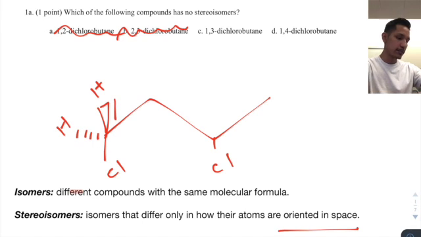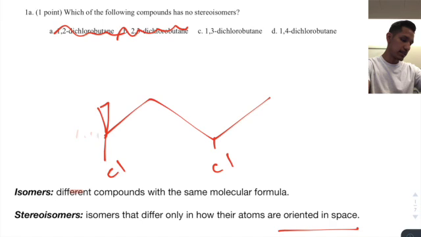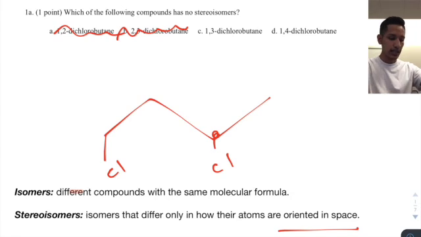If we were to flip those two, you'd still have just two hydrogens, one going away, one going out, so that would not be stereoisomeric. Whereas this other chlorine, position 3, would be a stereoisomer, because you could have that chlorine going away and the hydrogen going towards you, or that chlorine going towards you and the hydrogen going away. You can flip-flop those, and those would be different orientations in space. So that would be our stereoisomerism.